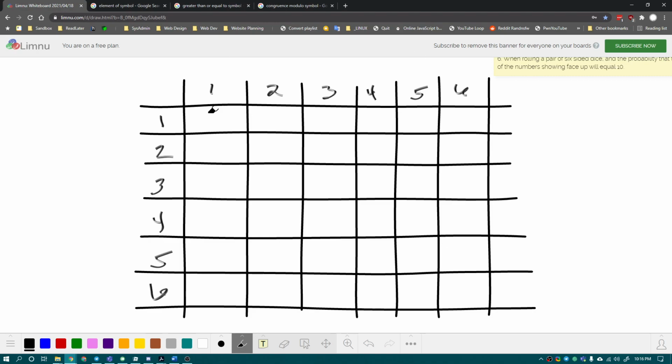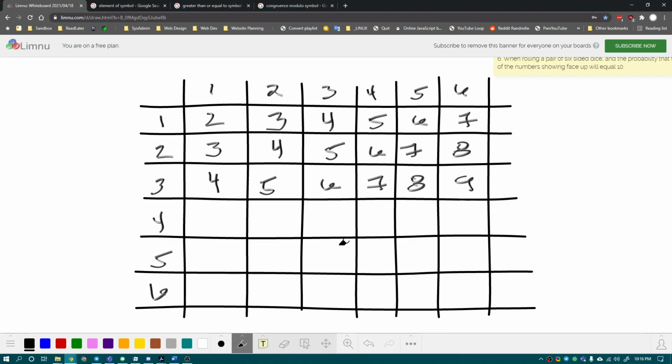And now for every square, I'm just going to add the 2 numbers together. 1 plus 1 is 2. 1 plus 2 is 3. 1 plus 3 is 4, 5, 6, and 7. 2 plus 1 is 3. 2 plus 2 is 4, 5, 6, 7, 8. 3 plus 1 is 4. 3 plus 2 is 5, 6, 7, 8, 9. 4 plus 1 is 5. 4 plus 2 is 6, 7, 8, 9, 10.